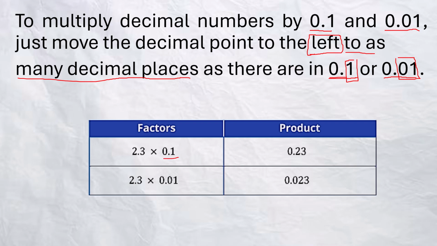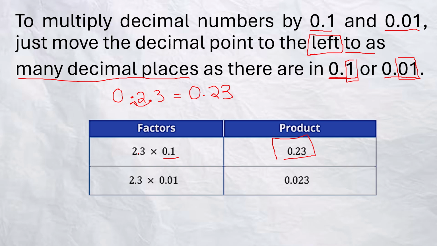Again, as mentioned, 0.1 has only one decimal place. So we move this decimal point to the left one time only, or one space only. So 1. And then we put now here our decimal point and then add a 0. So the resulting answer is 0.23, which is our product.